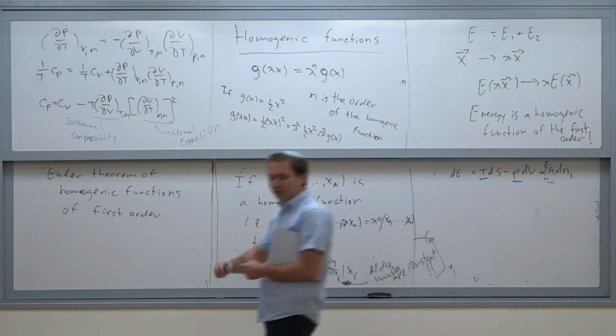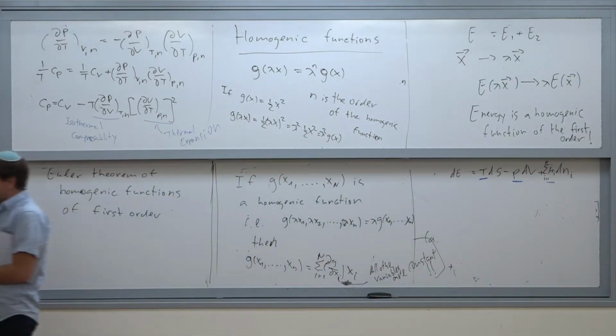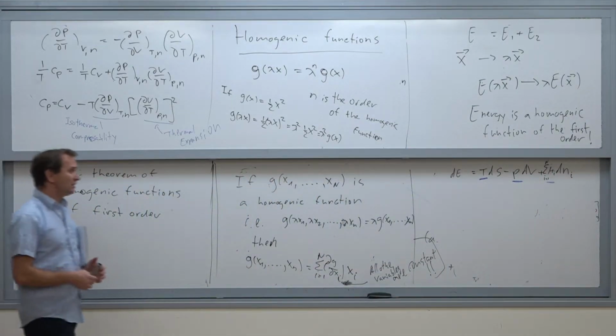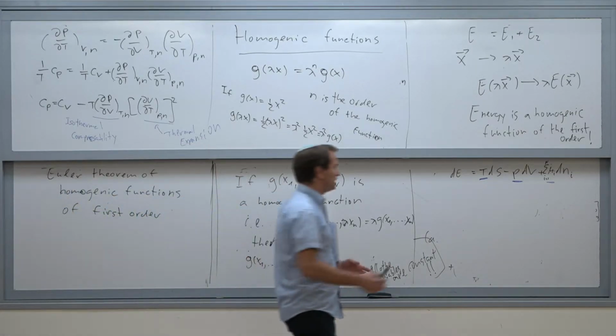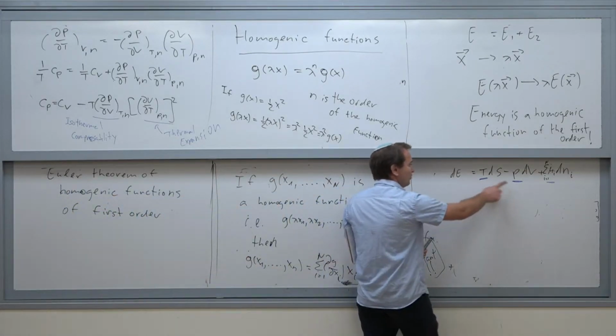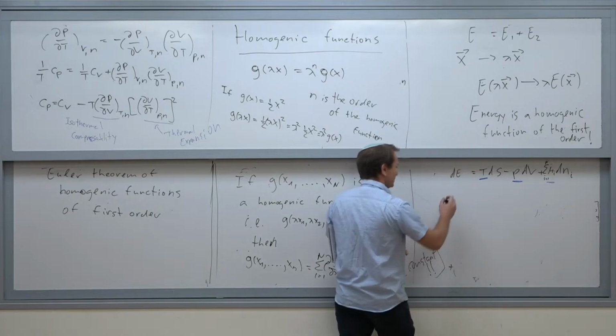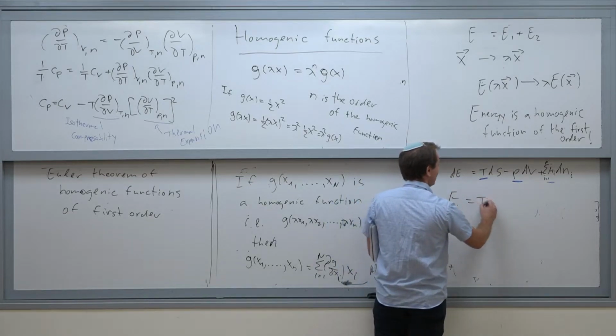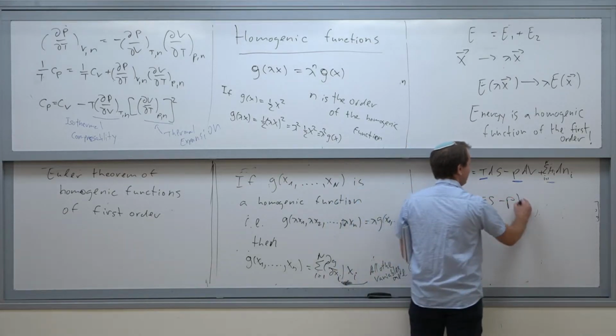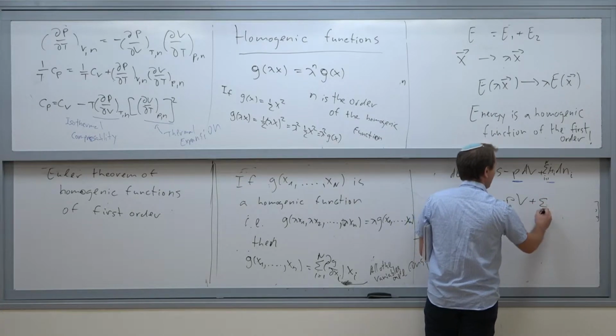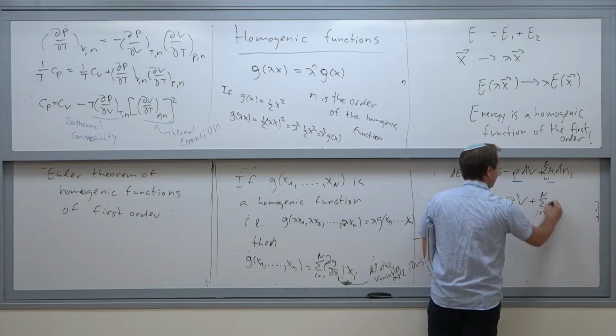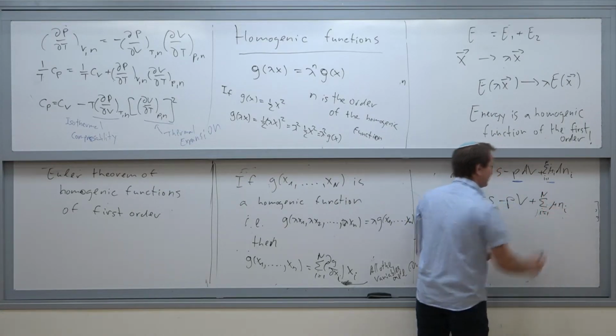How their properties are related to other variables, well, we know the Maxwell relations. But the knowledge of those is enough, because E is simply TS minus PV plus a sum from i from 1 till n of mu i Ni.